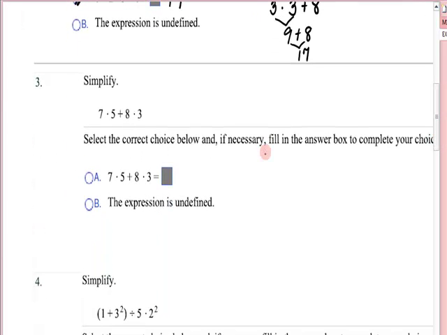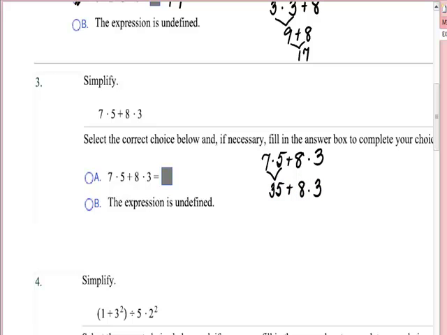Next one, I have 7 times 5 plus 8 times 3. Parentheses, there are not any. Exponents, no. Multiplication or division, yes. I have some multiplication here. I have some multiplication here. I do it left to right. 7 times 5 is 35. Copy down the rest of the problem. Some people like to skip steps.